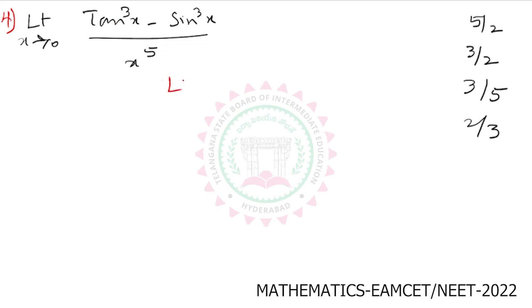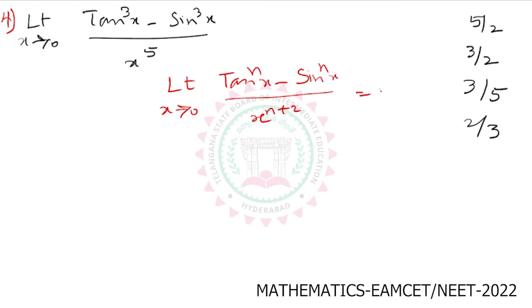Limit x tending to 0, tan power of nx minus sin power of nx divided by x power of n plus 2 is equal to n by 2.